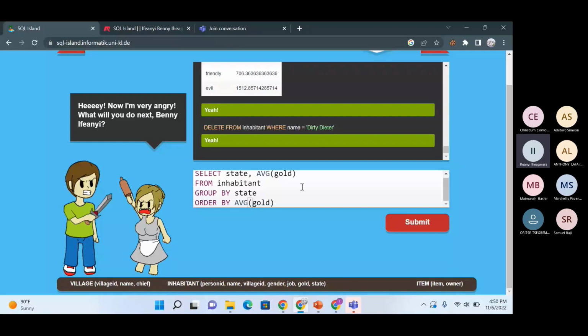Okay, so now to release the pilot, since we have killed the kidnapper, we're going to have to update the state of the pilot from kidnapped to friendly. So we're going to update the inhabitants, set the state to friendly.